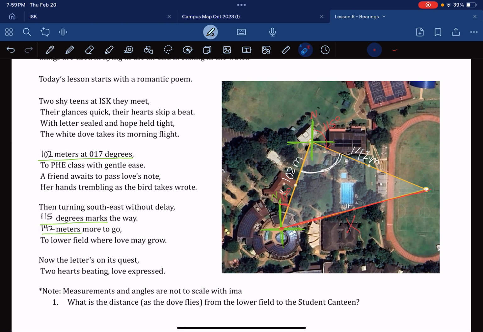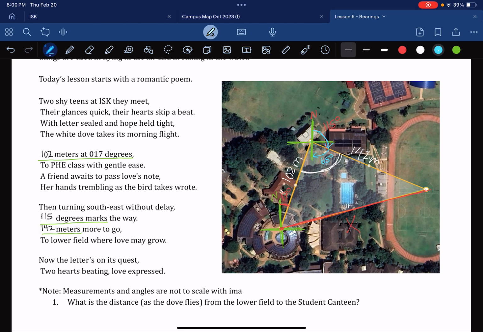If not, that's okay. So in order to find this angle, I need to use the bearings to help me break that angle down. So since this angle that I had from the PHE office was 115 degrees, I know that from north all the way down is going to be 180. Therefore, if I did 180 minus 115, that's going to give me 65 degrees.